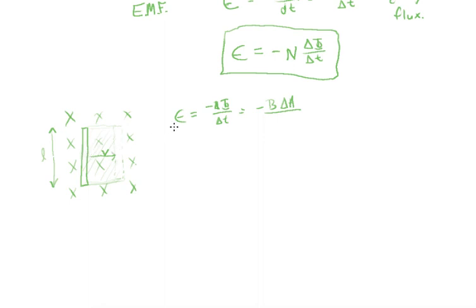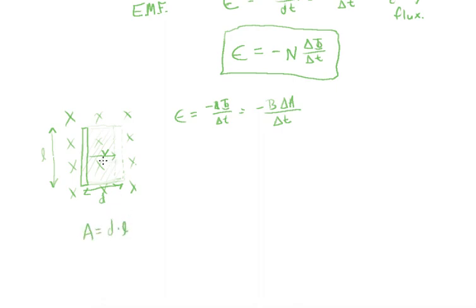From zero area to the area it's covering. And if you think about delta A, what is this area? Well, it's this distance here times this height, D times L. So area is D times L.